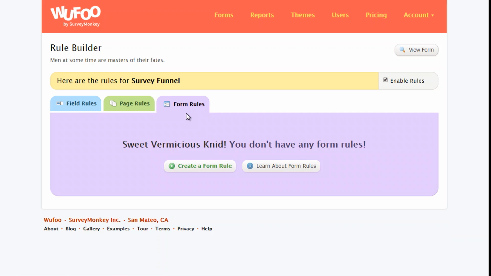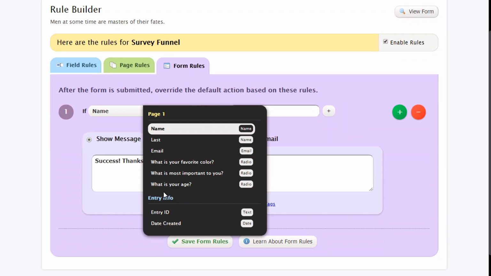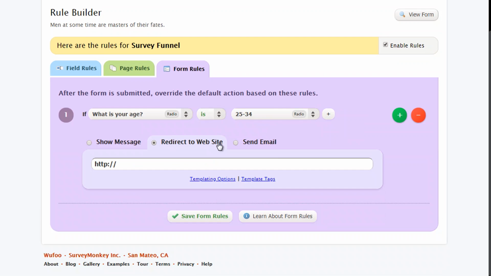And then of course we have form rules. We can create a form rule and say if the age is a certain age, you can redirect them to a website. So page rules is mainly within the form itself, but if you were to redirect them to a totally different website, you can do that here.